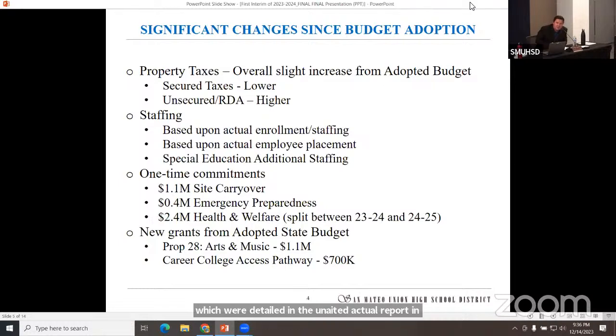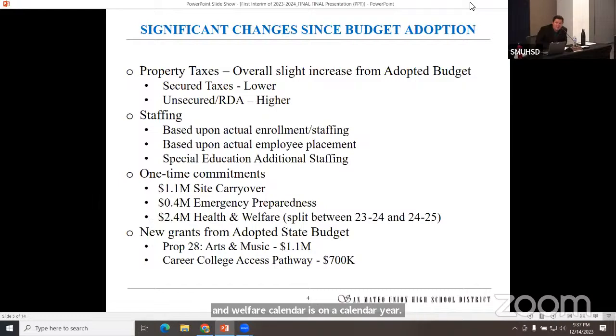A little under $400,000 in emergency preparedness as we move forward in updating our emergency preparedness throughout the district, as well as $2.4 million in one-time health and welfare premiums that have been included in our agreements with our labor partners. That is split evenly between the 2023-24 fiscal year and 24-25 fiscal year, as our health and welfare calendar is on a calendar year.